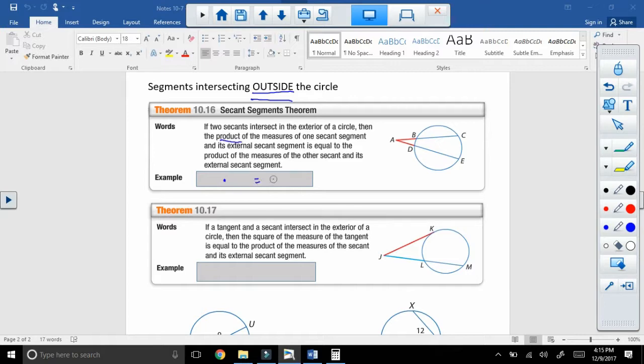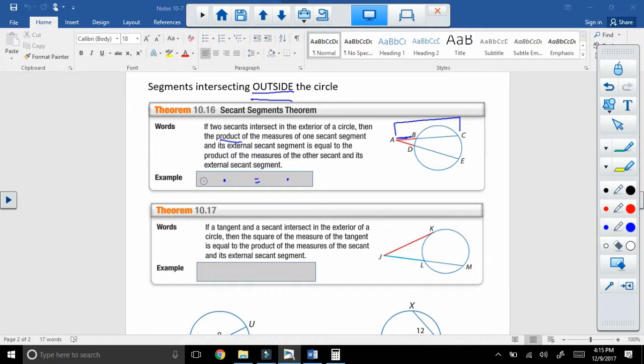So when you have two secants intersecting on the outside of the circle, the product, so when you multiply together, of the measures of one secant segment, so the whole thing, and its external secant segment, so that's just the part outside, is equal to the product of the other secant and its external secant.